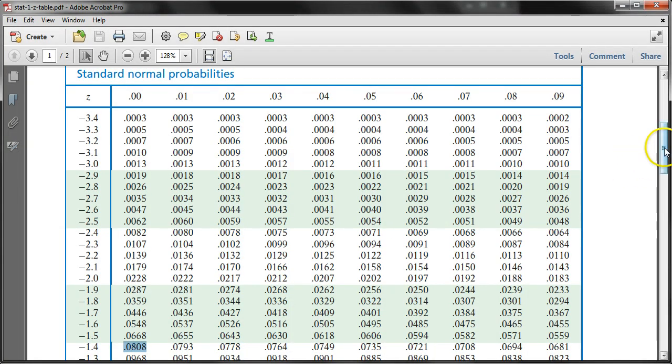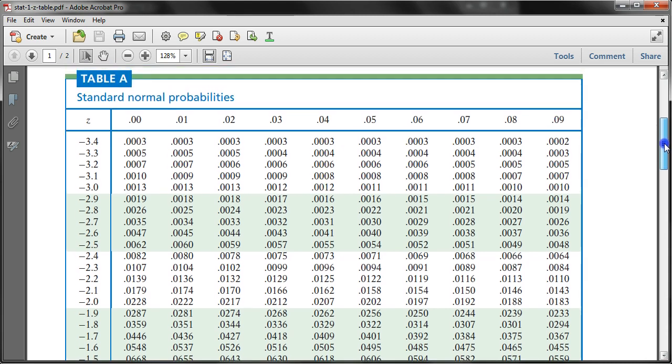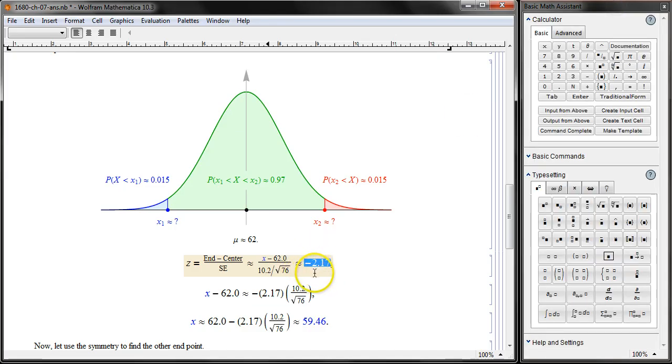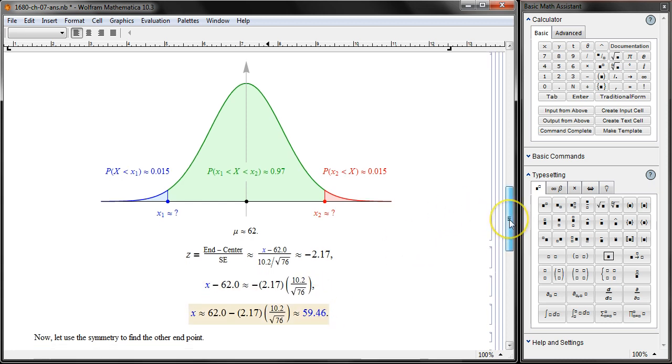Is it? What is 1.5%? Well, here it is. 0.150. So negative 2.17. From that, it's just algebra. Flip the denominator to the other side. Flip the mean to the other side. Calculate. You get 59.46, about 59.5.